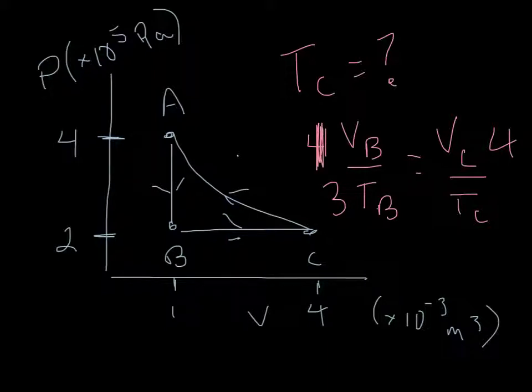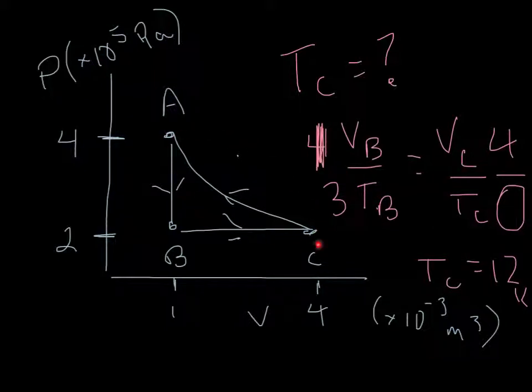So I have 1 over 3 is equal to 4 over this value. So obviously T_C has to be 12 K. The other thing to realize is that this curve's an isothermal curve. So if that's 12, that's 12. Or even better, I knew that was 12 from the beginning, so I know this is 12. Oh my God, I love it when physics works.